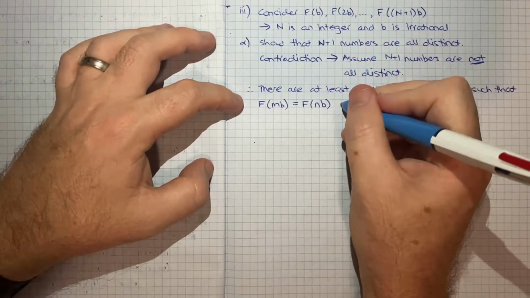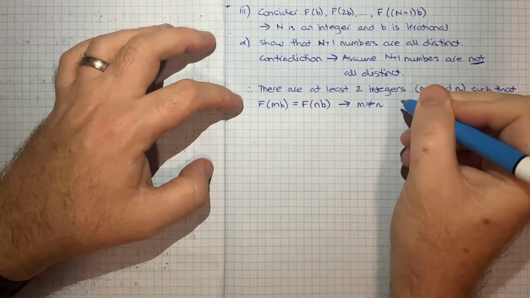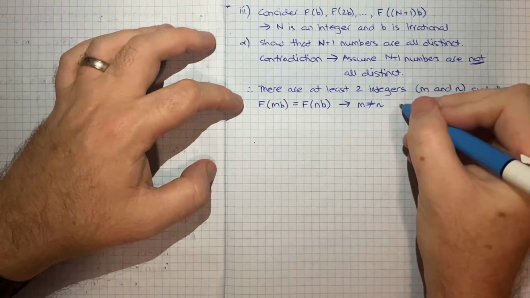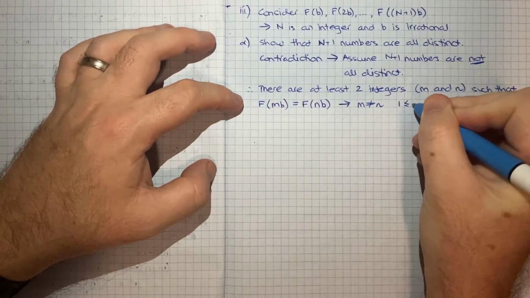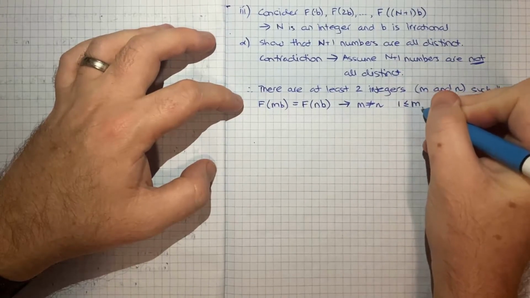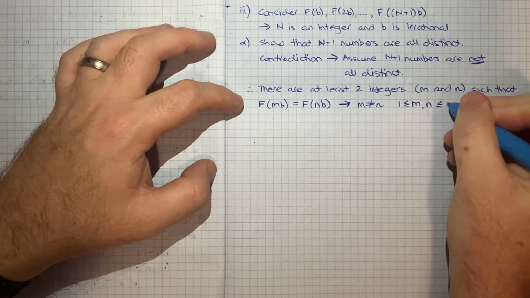And I should probably say that this is where m is not equal to n, and m and n both have to be between 1 and N+1.